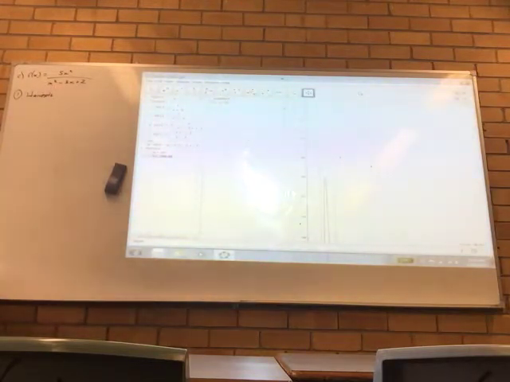So where do we have the intercepts? If you go to view, restore default setting here in options.